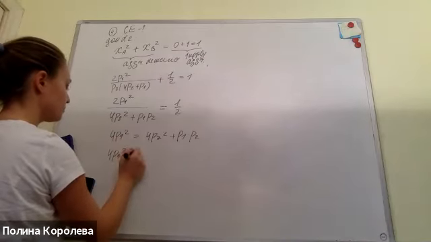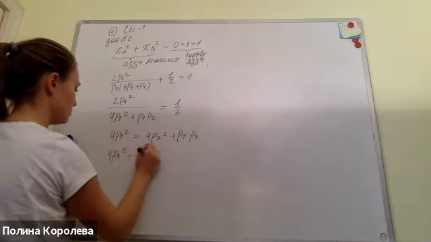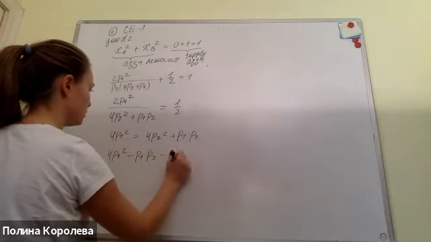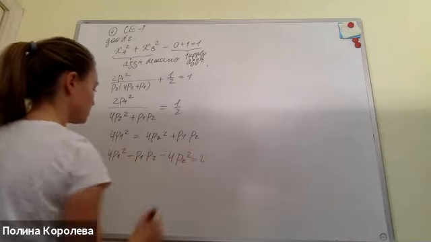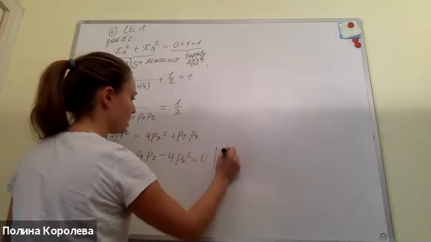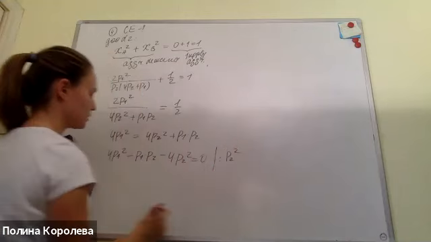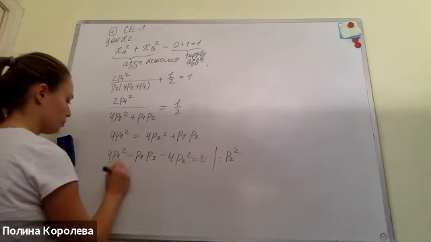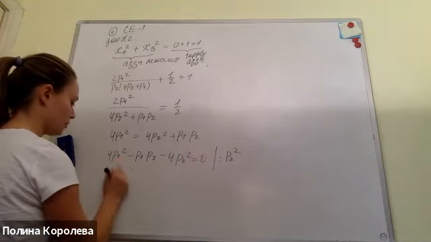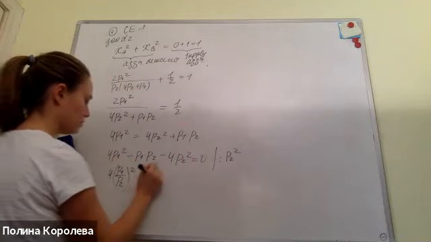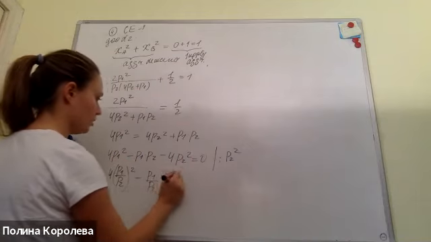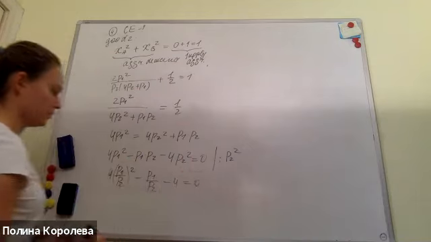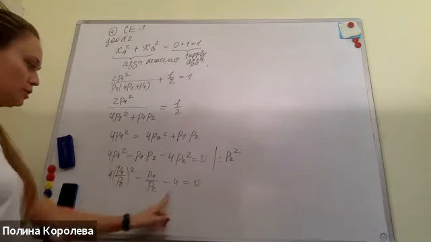So 4P1 squared minus P1 P2 minus 4P2 squared will be equal to 0. Let us divide by P2 squared to find a price ratio. This will be 4 (P1 divided by P2) squared minus P1 divided by P2 minus 4 equal to 0. You see that this is a quadratic equation.